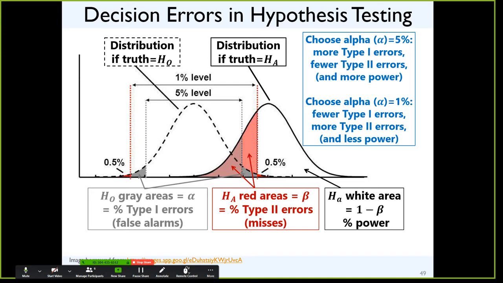The way that that is phrased in practice is power, which is your chance of finding something if it's there. So we want to have 80% power, which means 20% type 2 errors. So type 2 errors are not as important in practice, if you look at just the percentages, as type 1.